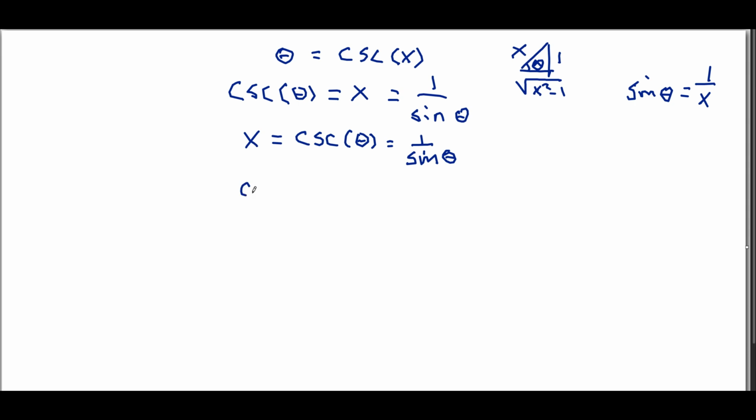And dx d theta is equal to d theta of this, which would be minus sine squared theta cosine of theta.